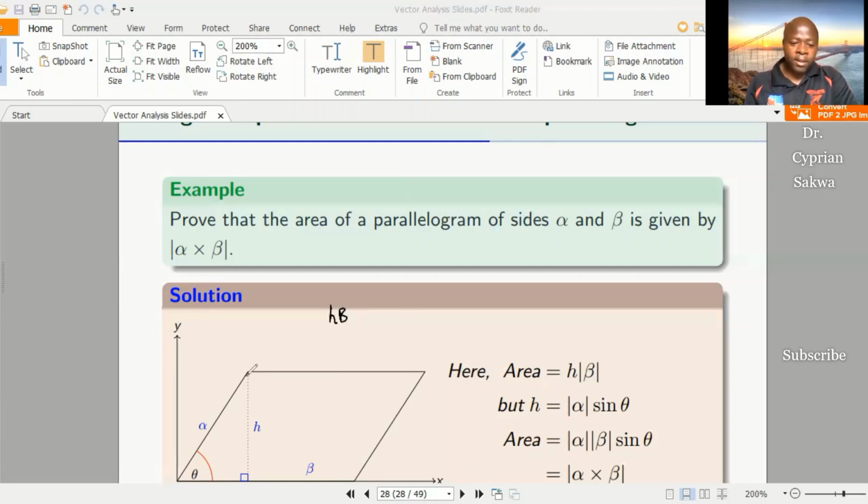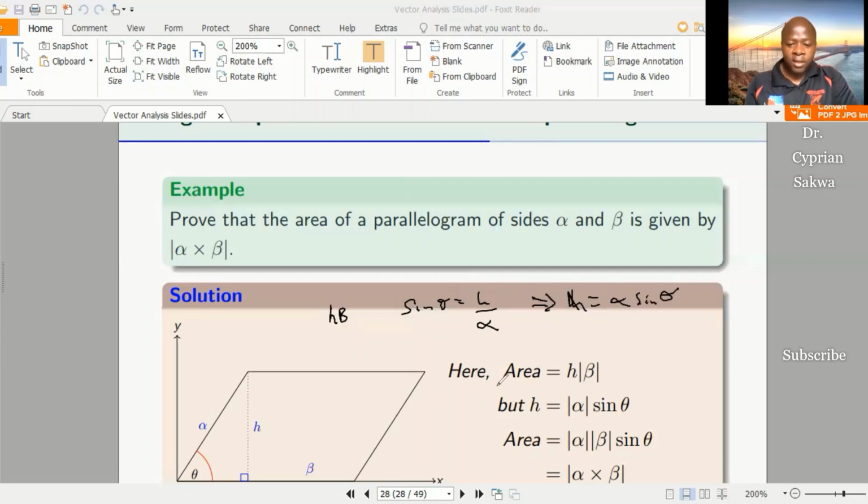Now, this is where I put the height, and this is the angle theta between alpha and beta. We can use a trigonometric ratio: sine theta is opposite over hypotenuse, height over hypotenuse, and our hypotenuse is alpha. That means that H is alpha sine theta.